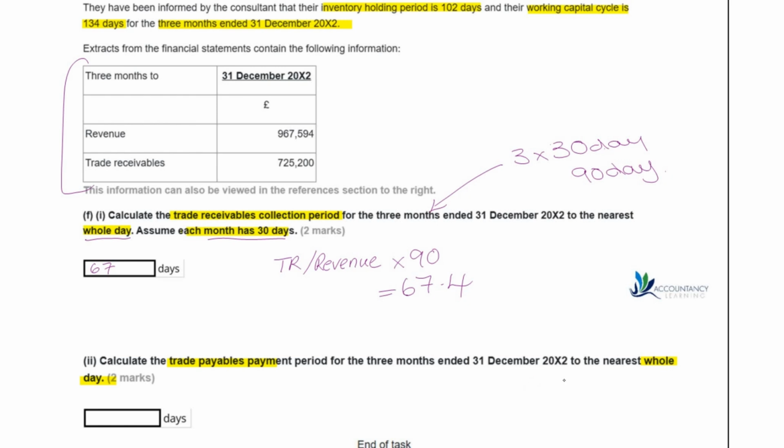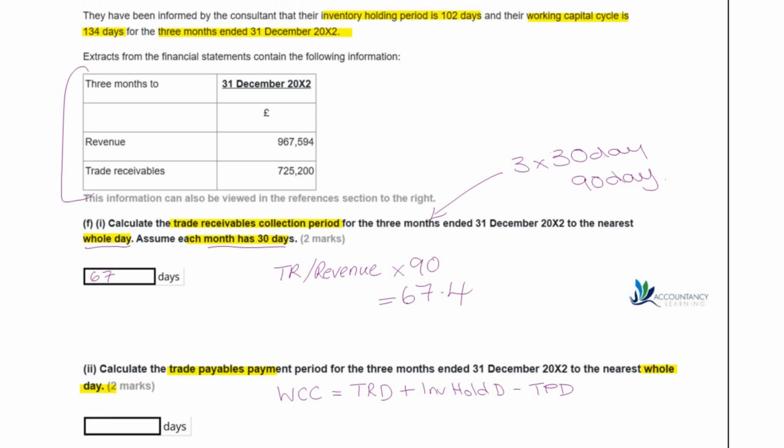So what else we can do is use our working capital cycle. Our working capital cycle is our trade receivable days plus our inventory holding days less our trade payables days. So remember we were given the working capital cycle in the question and we've got 134 days.